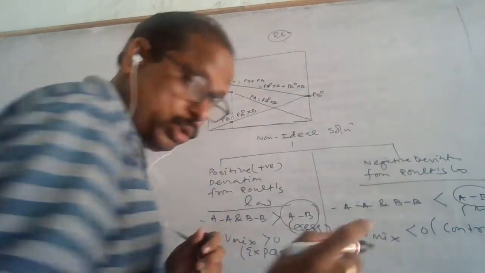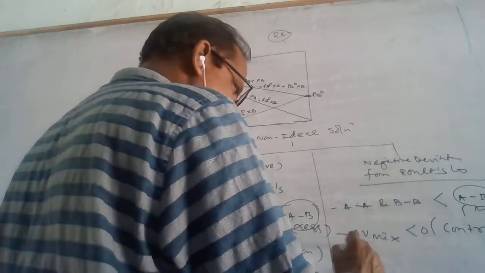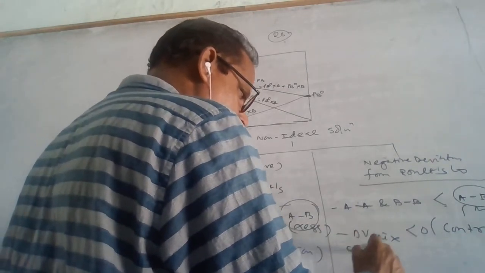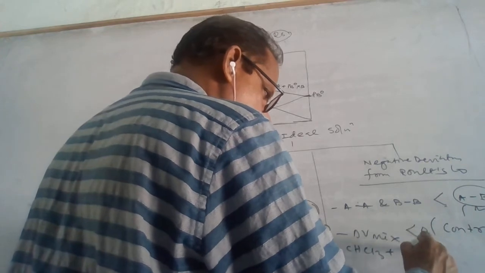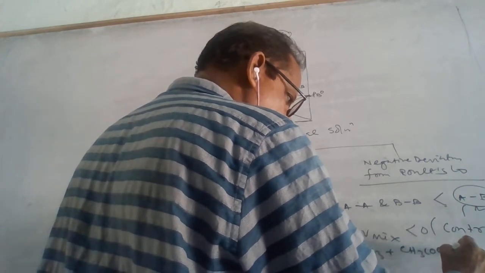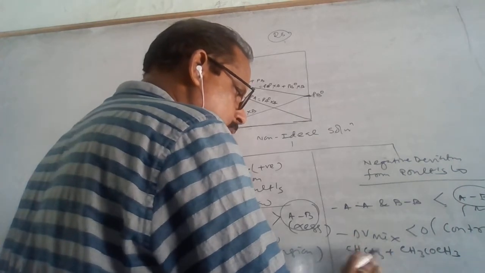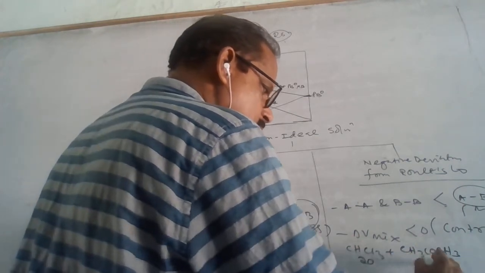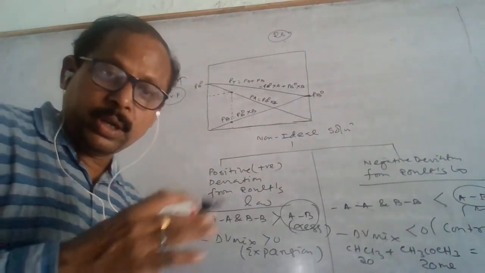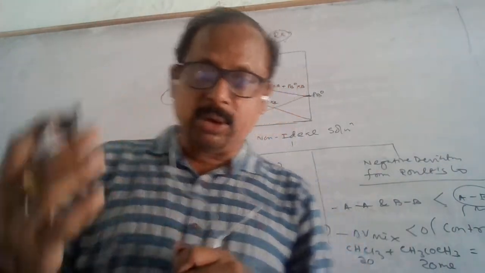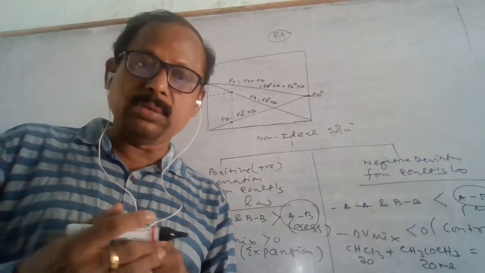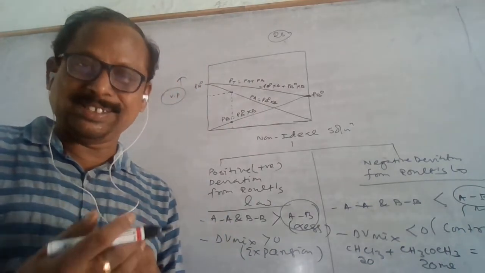Once a question was asked in an entrance examination: when chloroform is mixed with acetone, 20 ml chloroform mixed with 20 ml of acetone, what will happen to the volume? It will be 38 ml, 40 ml, 45 ml, or none of these. What will be the answer?